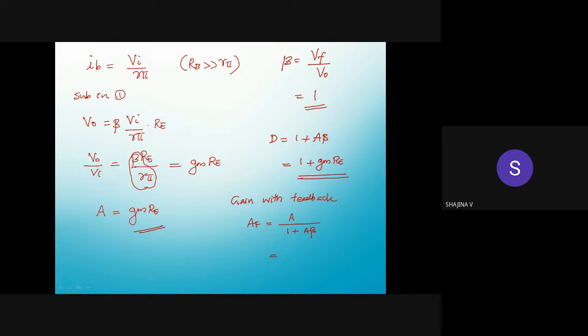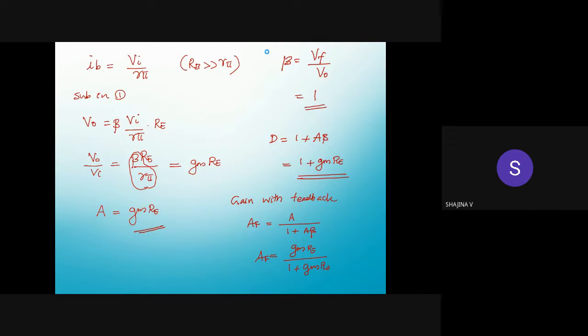So gain with feedback is equal to Gm into Re divided by 1 plus A beta, and 1 plus A beta is equal to 1 plus Gm into Re. Okay, so this is my gain with feedback for this common collector configuration. ഇത് നമ്മുടെ പ്രാക്ടിക്കൽ സർക്യൂട്ടിന് കറസ്പോണ്ടിങ് ആയിട്ട് മാറും. ഹിയർ നമ്മൾ കോമൺ കളക്ടർ ആംപ്ലിഫയർ ആണ് കൺസിഡർ ചെയ്തത്. Okay, so it is Gm into Re divided by 1 plus Gm into Re.